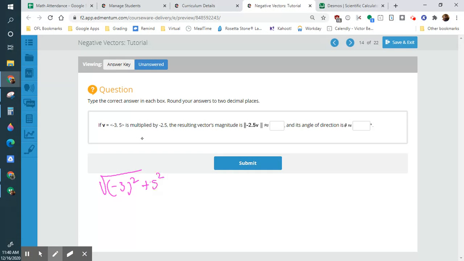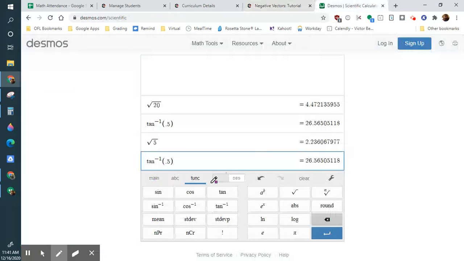So we have 9 plus 25. So this is square root of 34. And they want 2 decimal places. So what I'm going to do is leave it as a square root of 34 and then multiply by 0.5. Otherwise, it just gets a little weird. So I'm going to go in here.